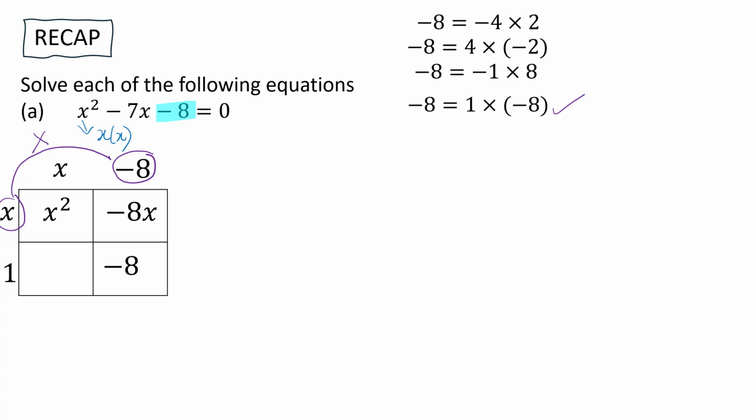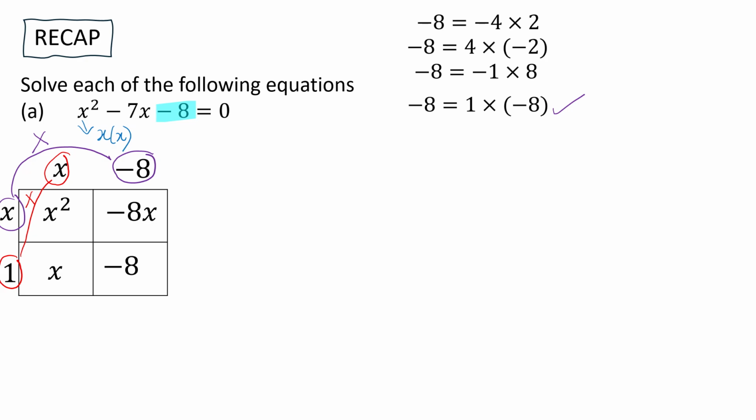And then to find the value for this box here, you just need to take 1 multiplied with x. And of course, 1 times x will give you x. So this is one possibility.